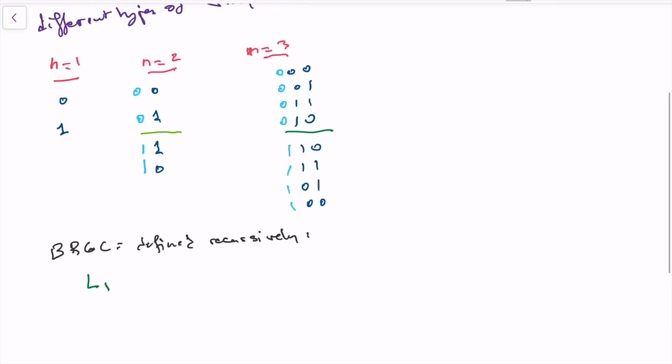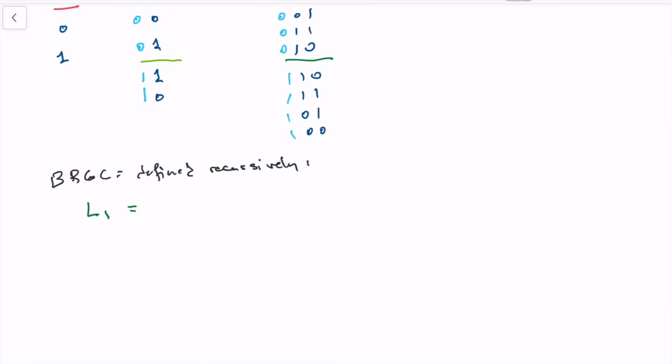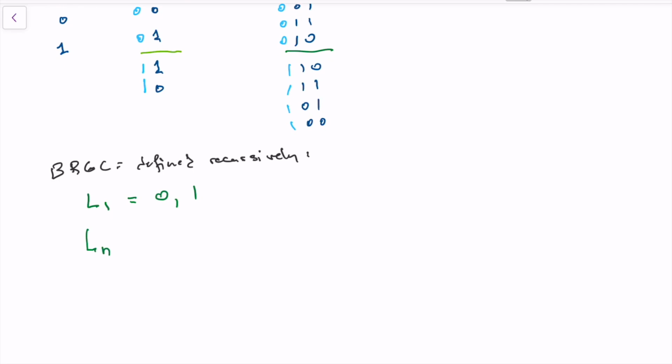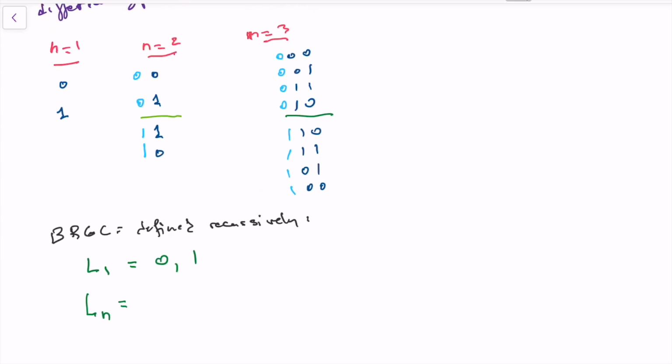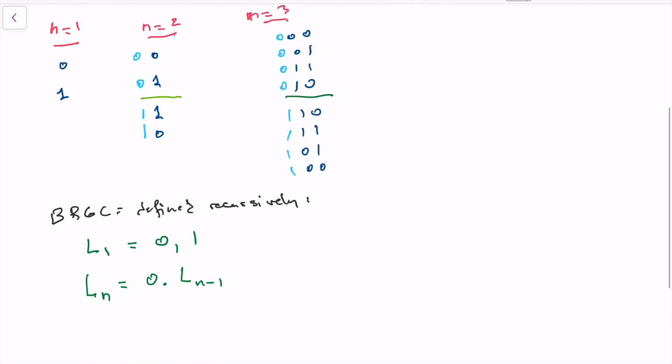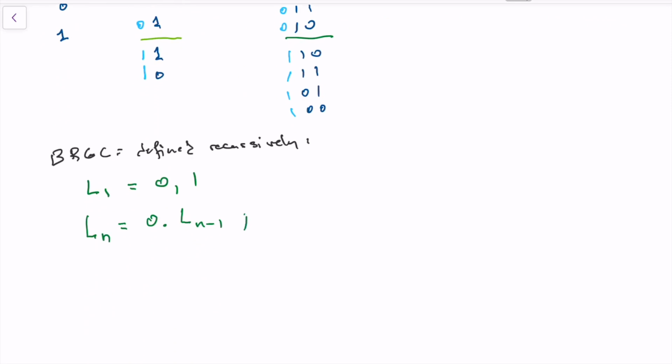We know that the base case, L1, which is n equal to 1, is just 0 and 1, right? And Ln, for any n value, is taking 0 and putting it in front of the values for the n minus 1 binary representation, and taking 1 and putting it in front of the values of the previous binary representation reversed, which is what we did here.